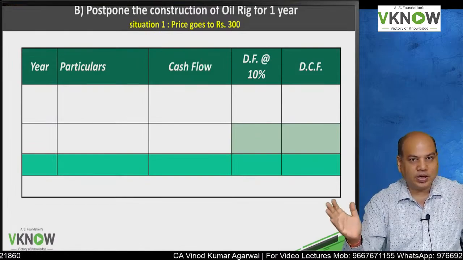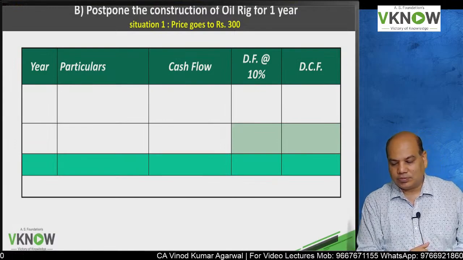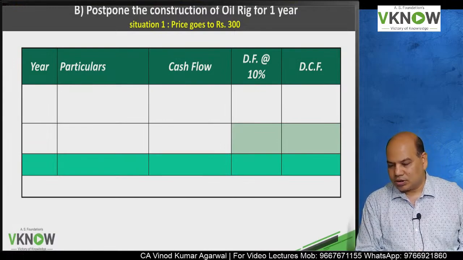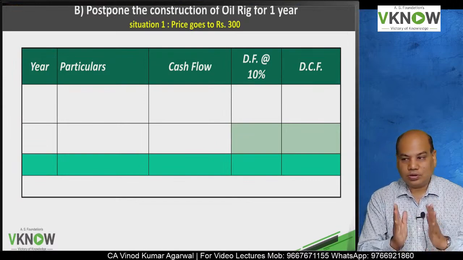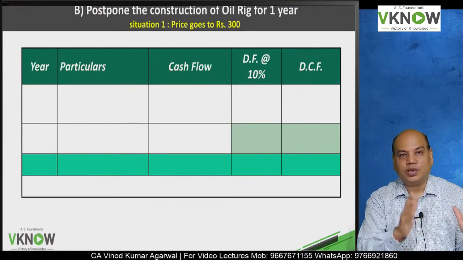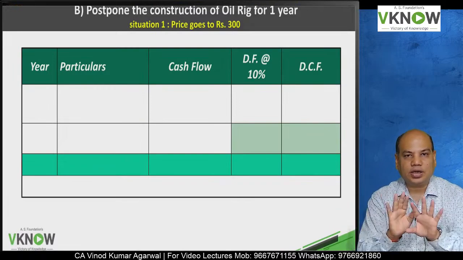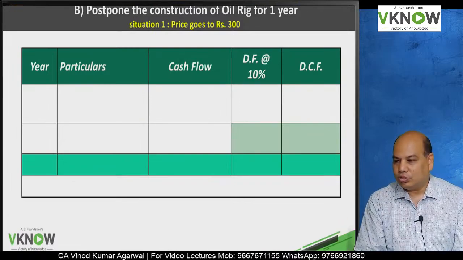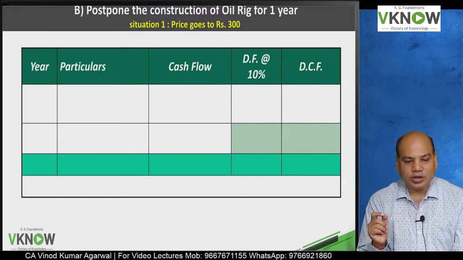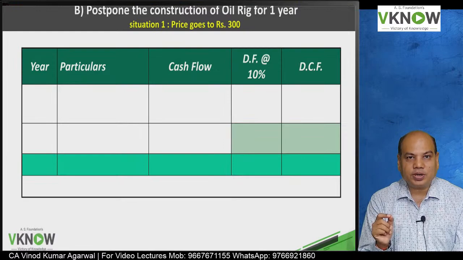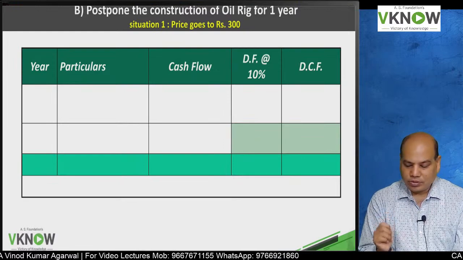If it is 100, what is my NPV? So let us write one by one. Some students take 300 into 0.5, 100 into 0.5. That is not right. You have to take one by one. You are waiting so that you will know what the price is after 1 year.